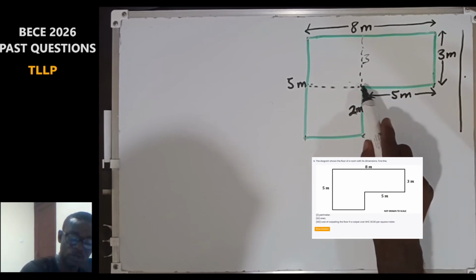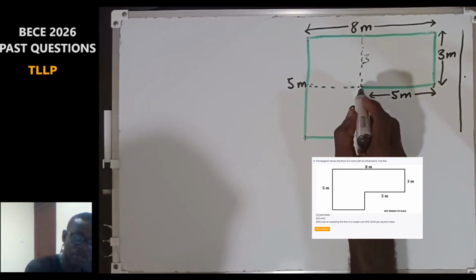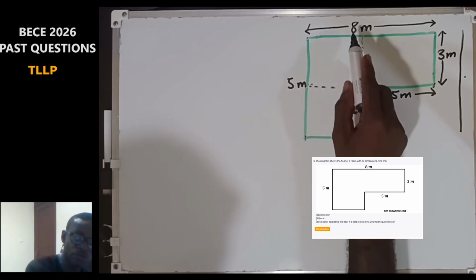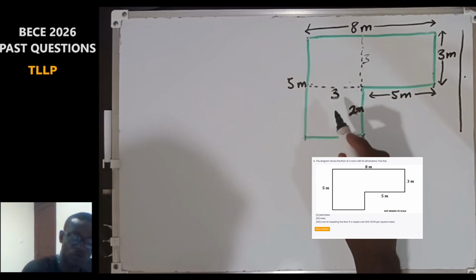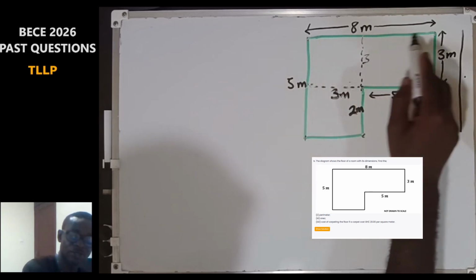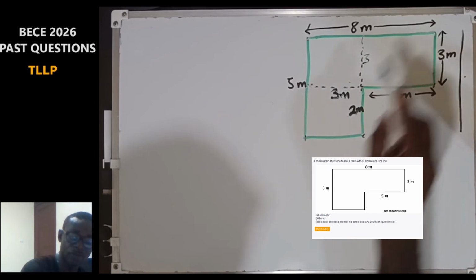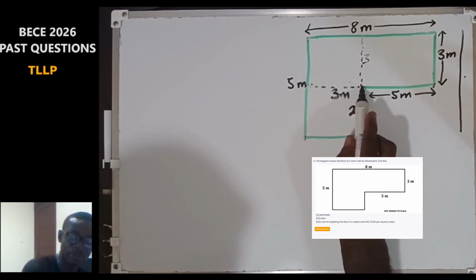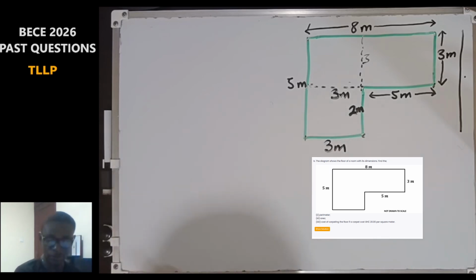So if from here to here is 5 meters and the whole of the length is 8 meters, it means just this side is also going to be 8 minus the 5. So that when I add 3 to the 5, it is going to be 8, which is the same distance as we have from here to here. And if this is 3 meters, then it means here also is 3 meters.